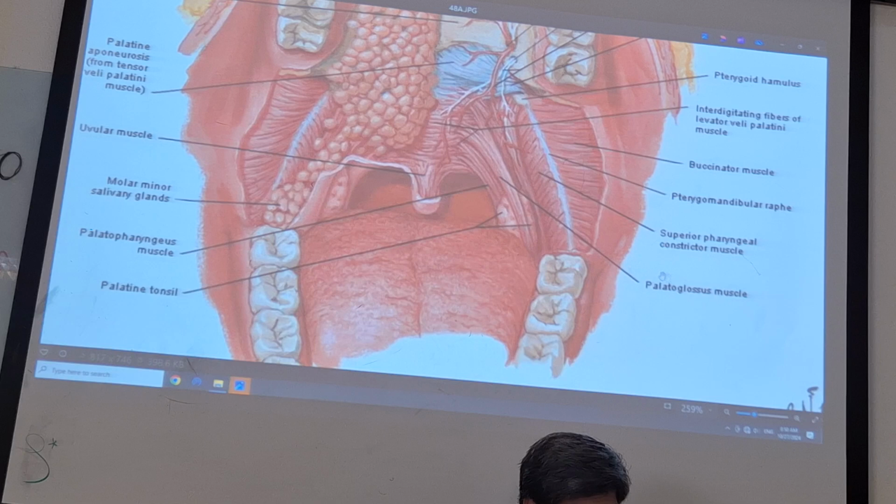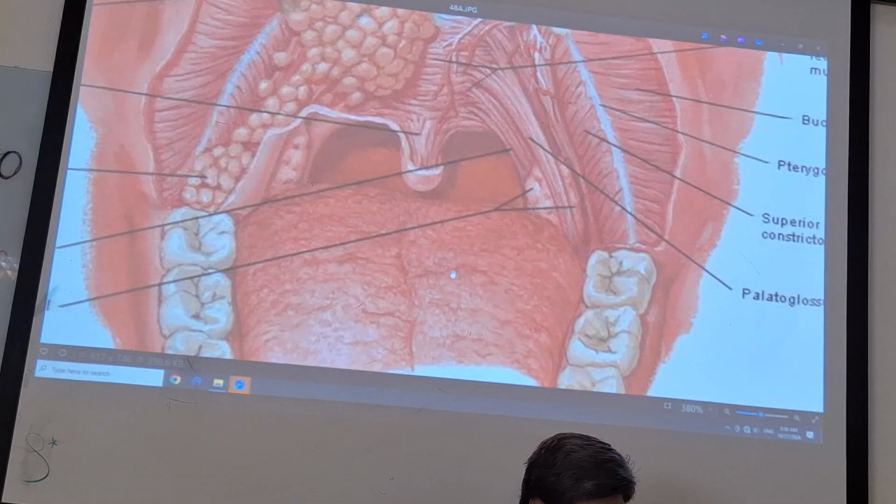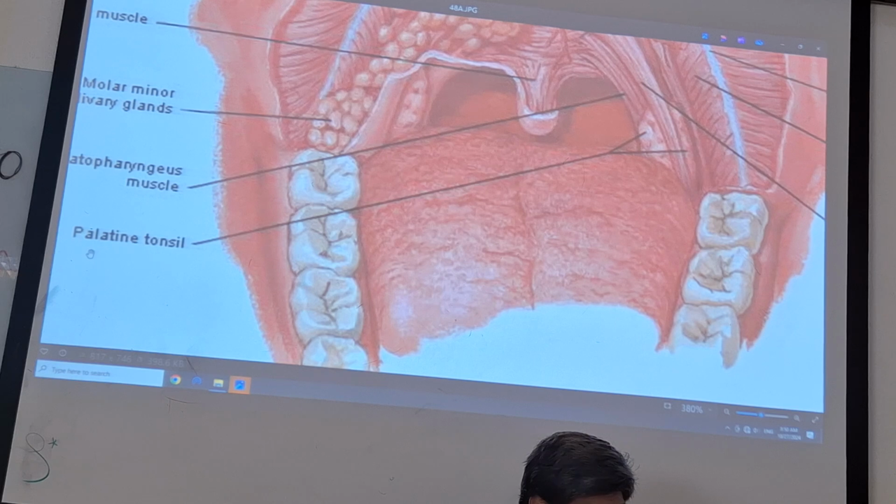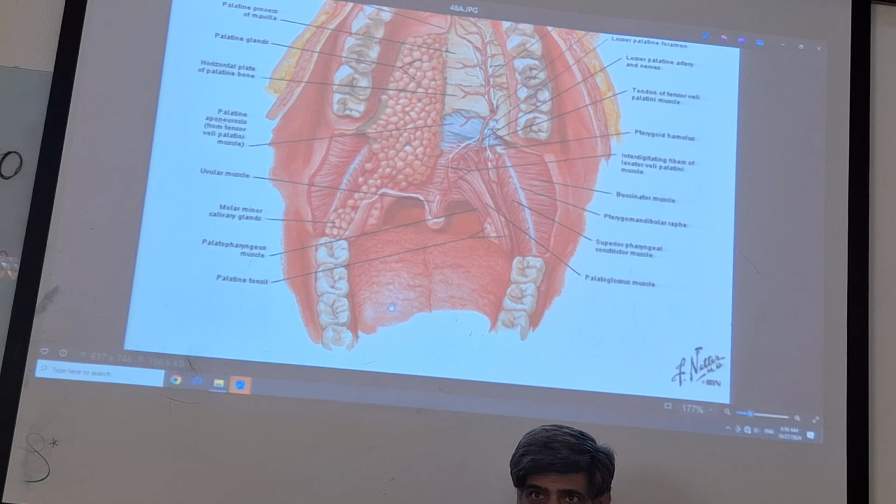Between the palatoglossus and palatopharyngeus muscles is the location of the palatine tonsil. Did you understand this part? Yes.